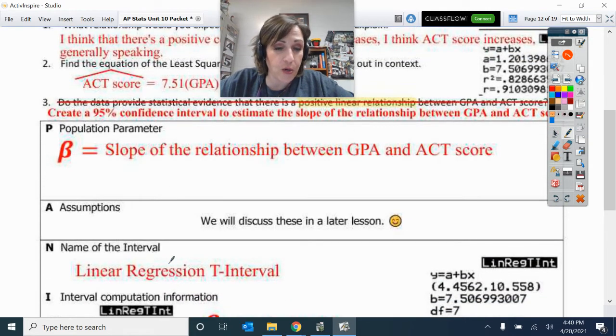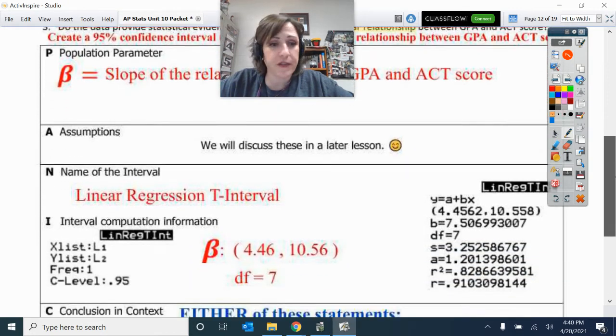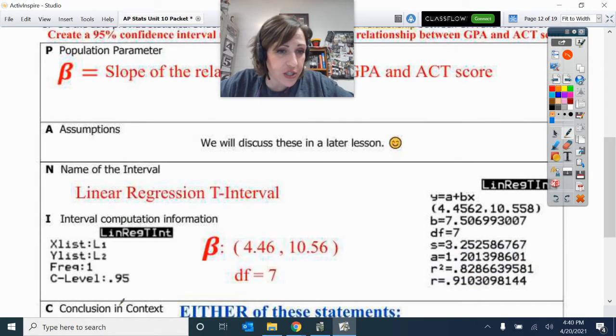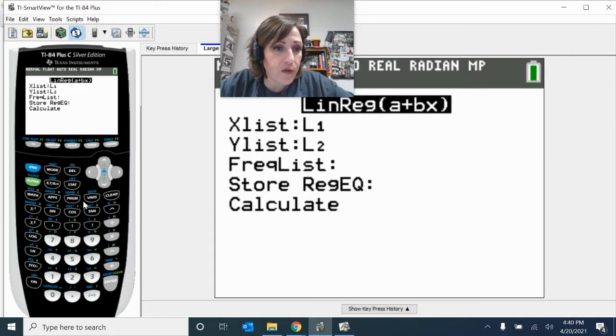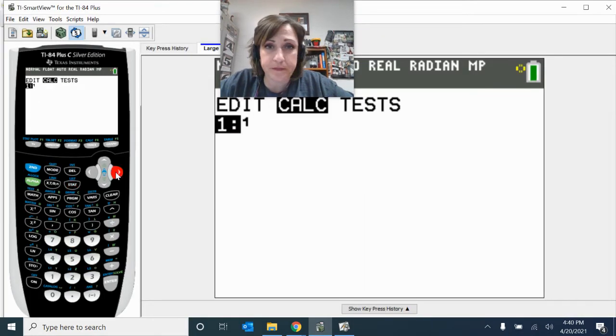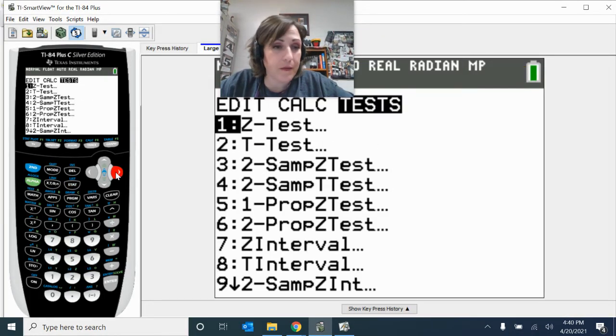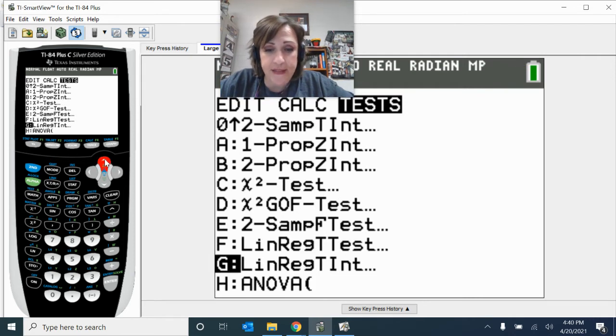This is a linear regression T interval, which is easy enough to go to our calculator. Look, I showed you this here. We're going to do the linear regression T interval in the calculator, stat over to tests, and I go up from the bottom. There it is, second to last one, linear regression T interval.